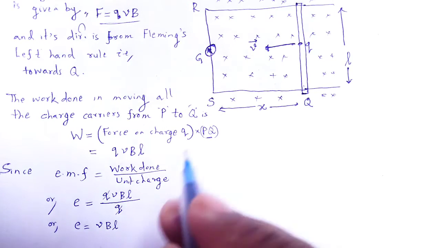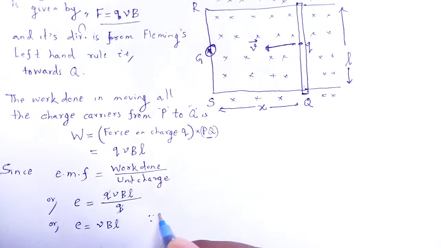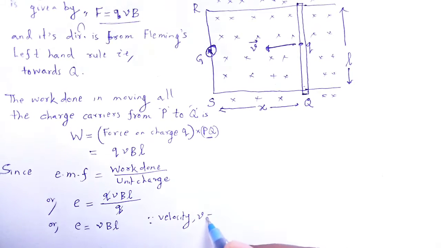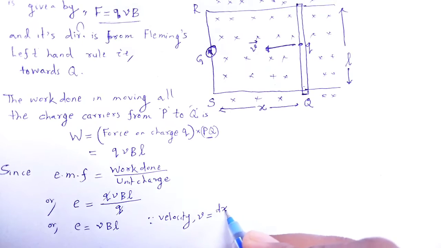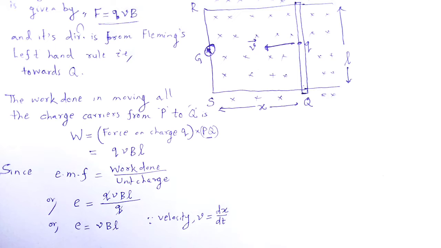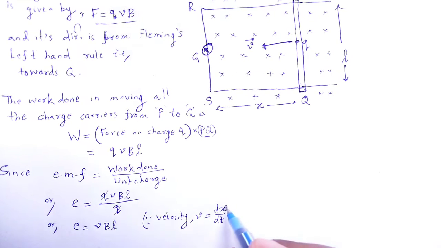Now, let V be the velocity. Velocity V is equal to the rate of change of displacement, dx by dt. So, in place of V I can substitute dx by dt.